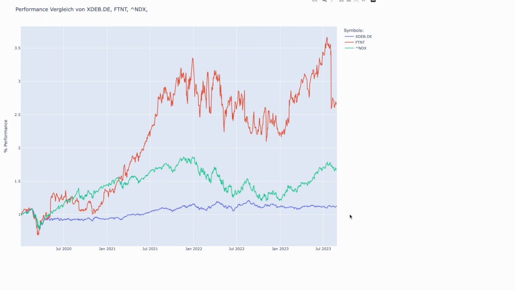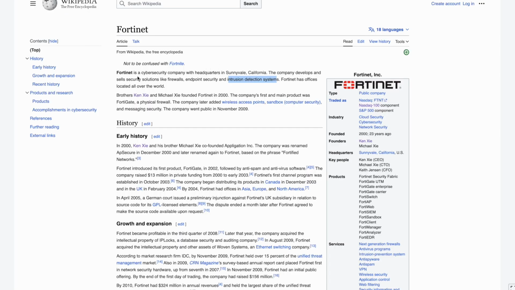Now, on top of that, the green line is the NASDAQ 100, and what you can see there is it is actually already much more volatile than this low volatility index. And on top, the red line is one particular title out of the NASDAQ 100, which is from a company called Fortinet. And this company is a cybersecurity company in Sunnyvale, California.